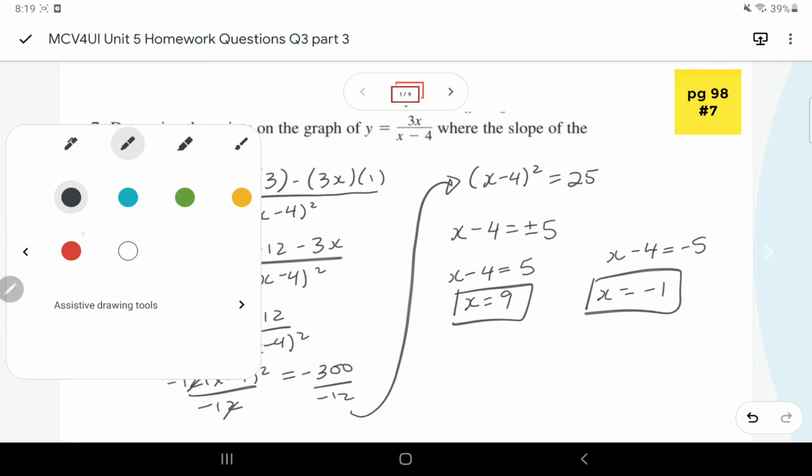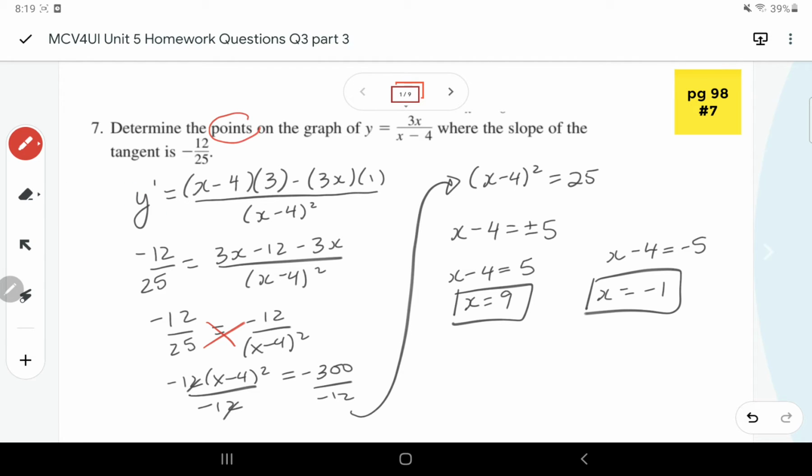But one thing to be kind of cognizant of, that if it says points, a point is not just an x value, you need an xy coordinate pair. So I am going to have to take this x value and sub it back into the original function to find y. So 3 times 9 over 9 minus 4, which is 27 over 5.